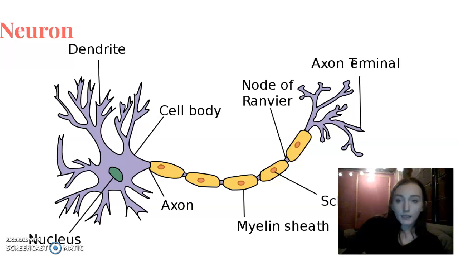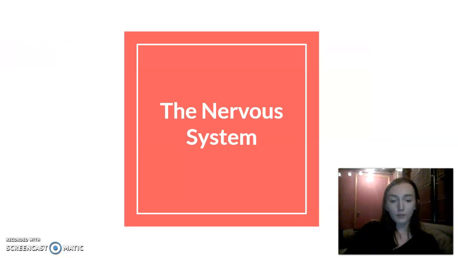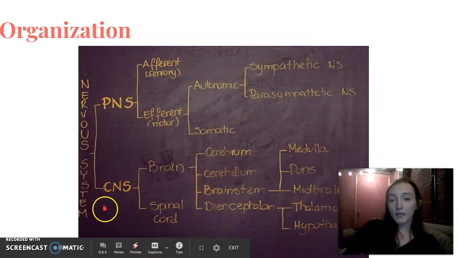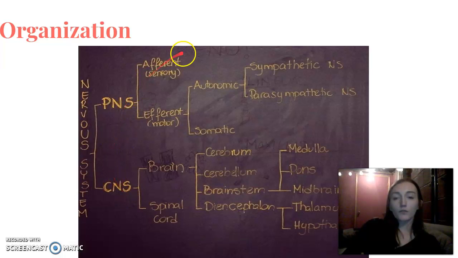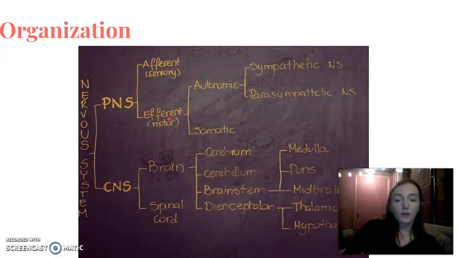And that's basically the nervous system. So to review, we talked about the organization, how there are 2 main subsets, the peripheral nervous system and the central nervous system, which further break down. The central nervous system has the brain and spinal cord, and the peripheral nervous system has sensory neurons and the motor neurons.